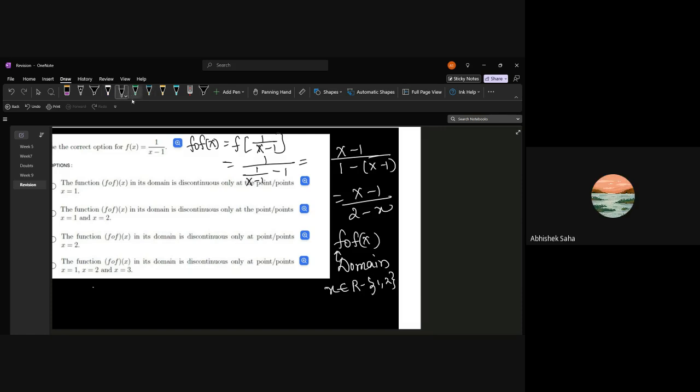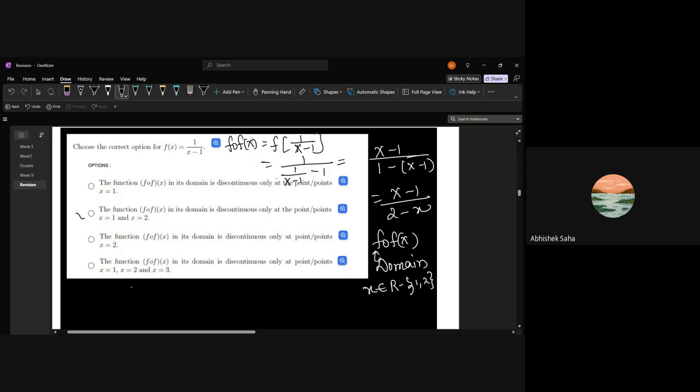Because f of x is not defined at 1. We have to think about f of x also, right? If you put 1 in the domain, this f of x is not defined. That's why we can't find f of f of x. So you have to exclude 1 and 2. So this function is continuous at all points except 1 and 2.